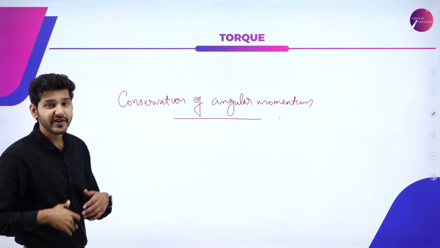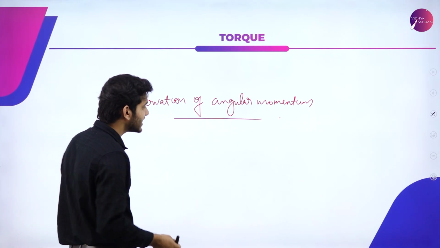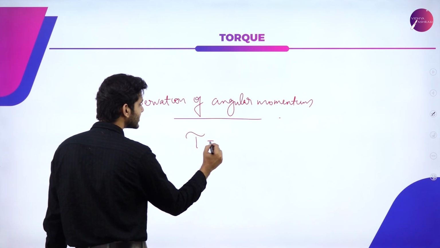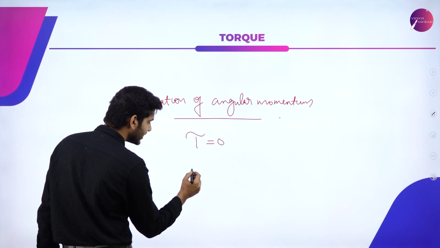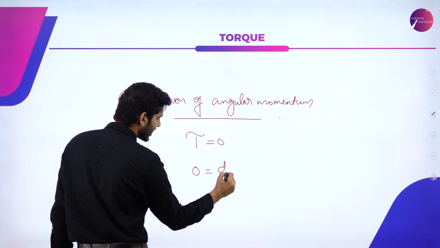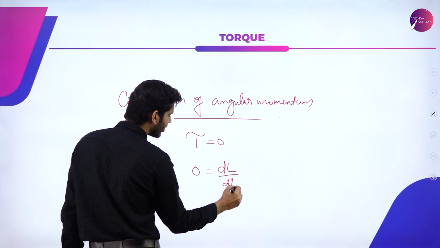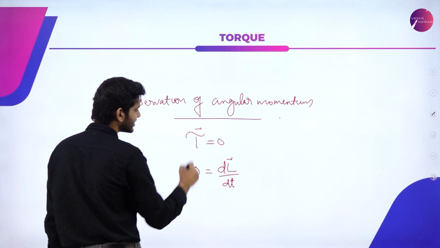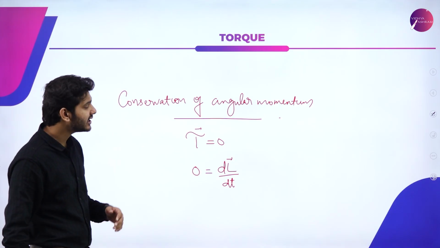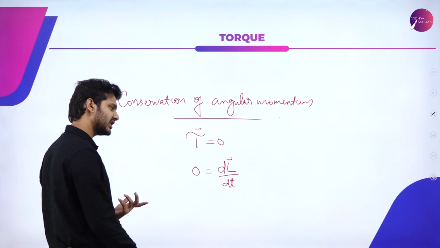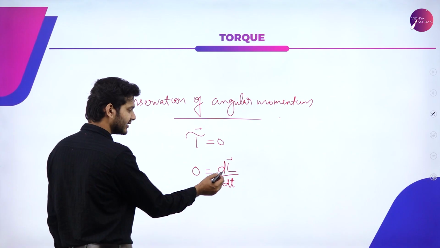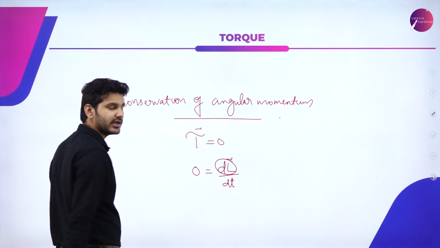Conservation of angular momentum states that in the absence of an external torque, the net angular momentum of a body remains constant. You can think of it logically also. That is, dL should be 0.